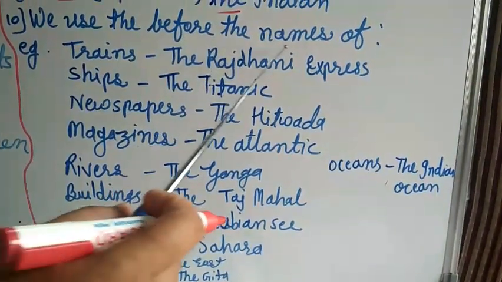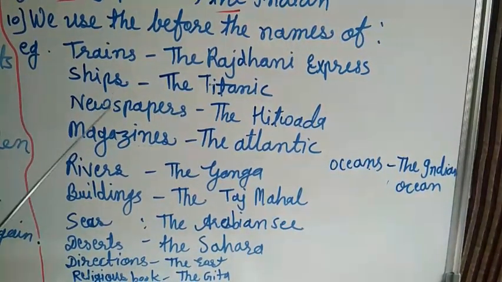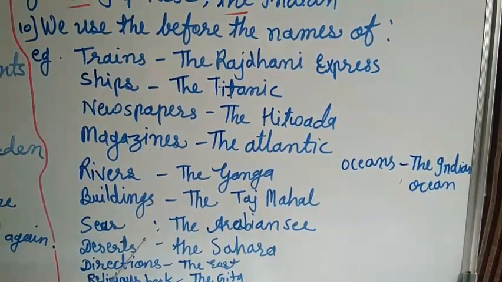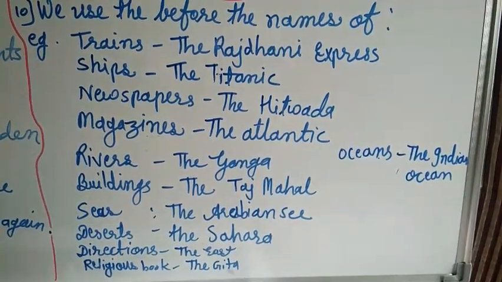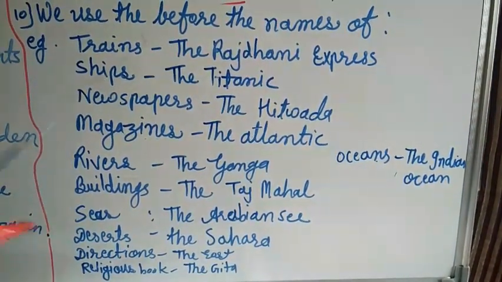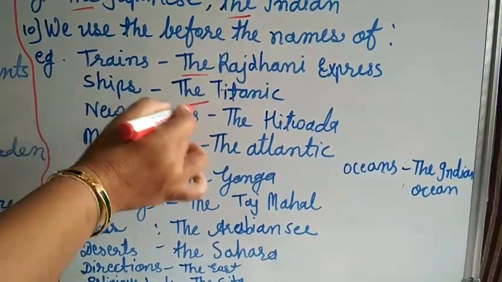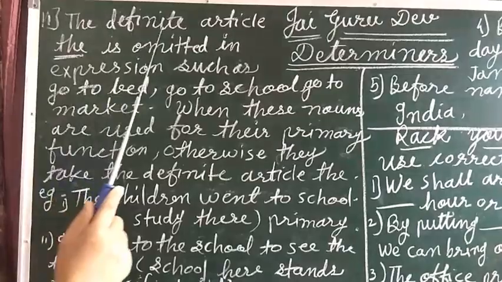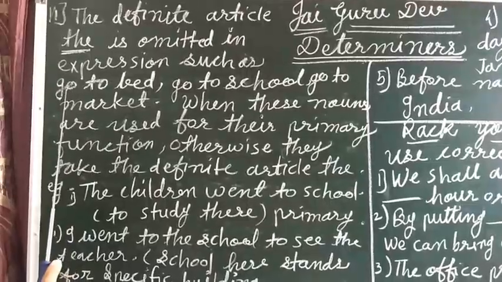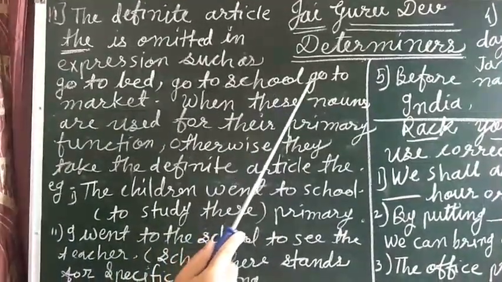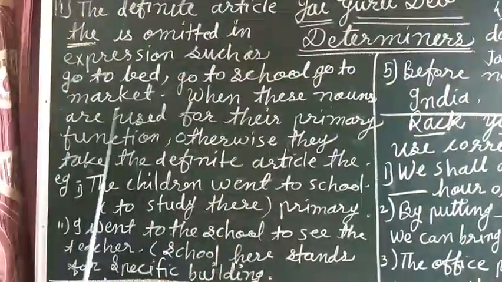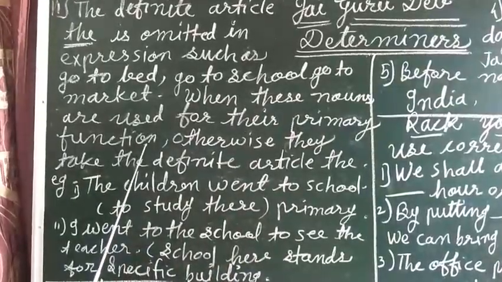Use "the" before the names of trains, ships, newspapers, magazines, rivers, buildings, seas, deserts, directions, religious books, oceans. So whenever that particular name comes, at that time we have to use "the". The definite article "the" is omitted in expressions such as go to bed, go to school, go to market, go to hospital, when these nouns are used for their primary function.